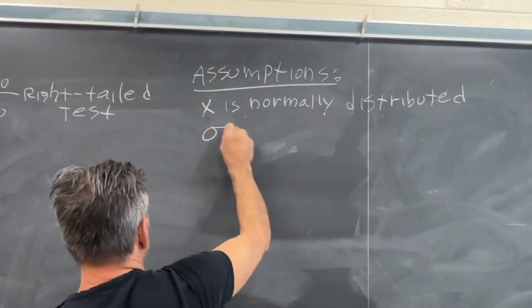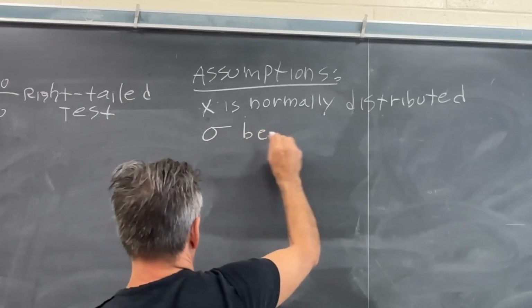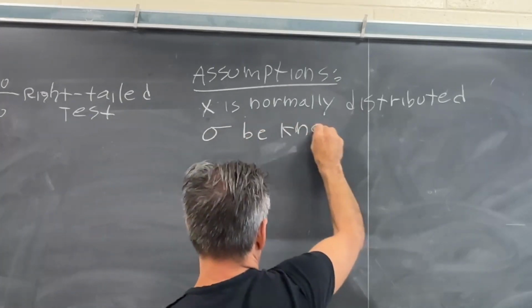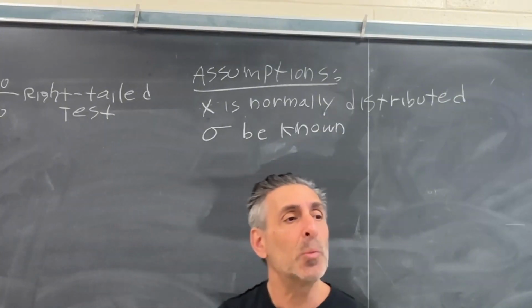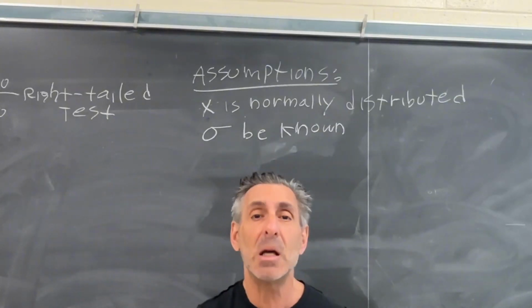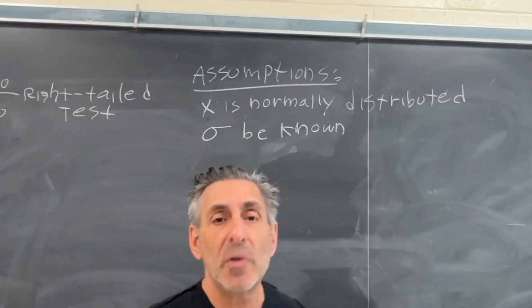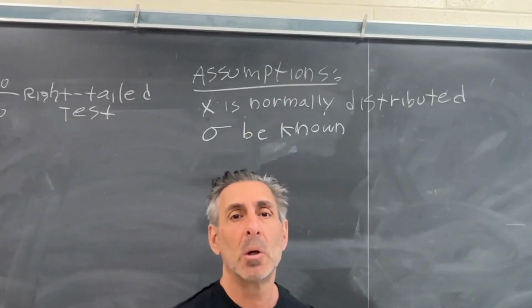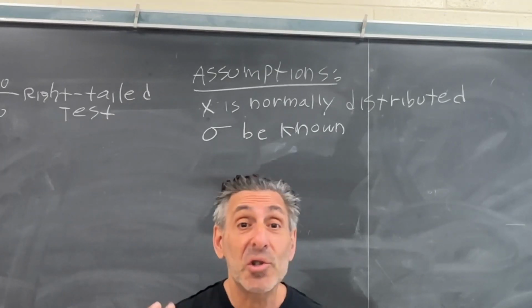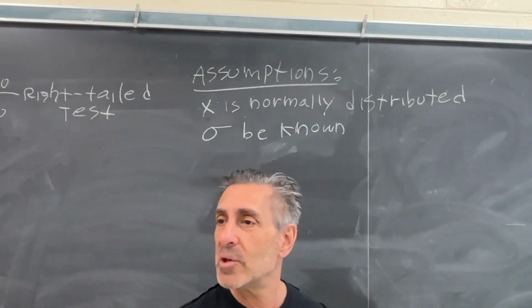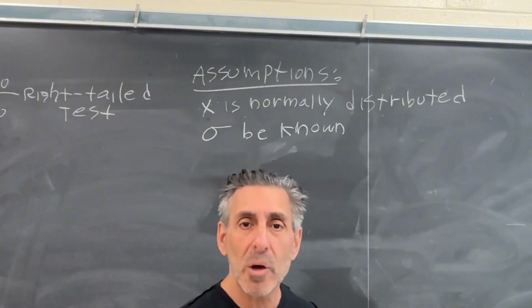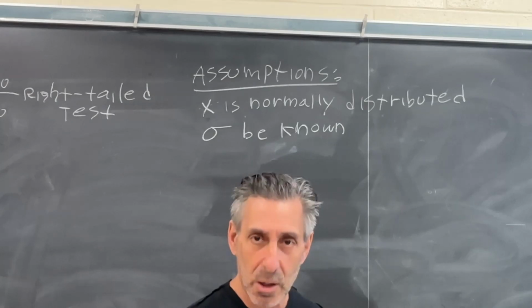And let's let the standard deviation be known, just because it's the most simple way to roll through this idea. And from this, we'll develop some intuition that will transcend into the student's t-test as well, where we relax that assumption and the standard deviation is not known, but rather estimated from the data.